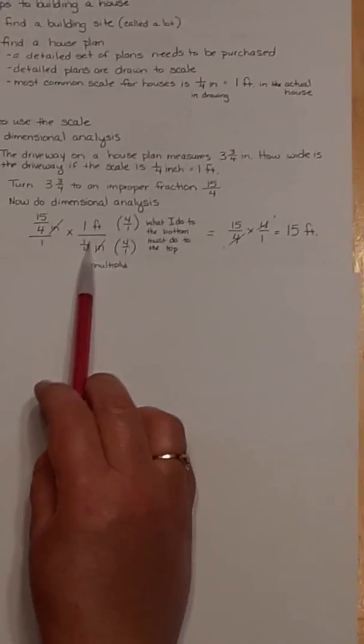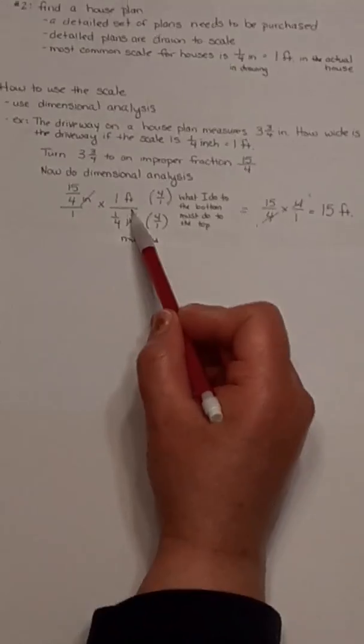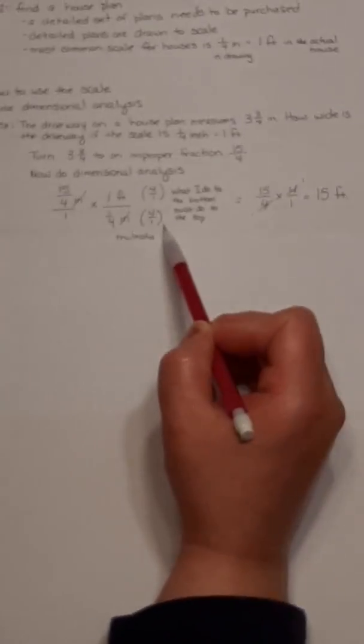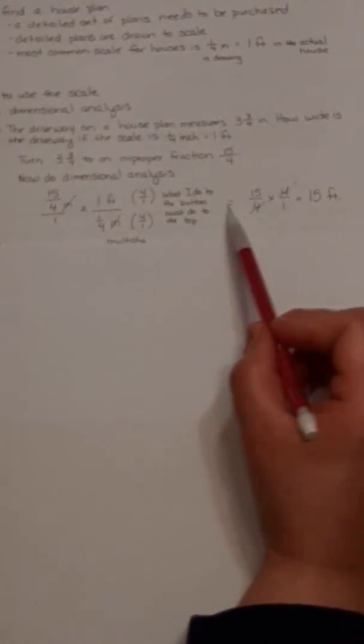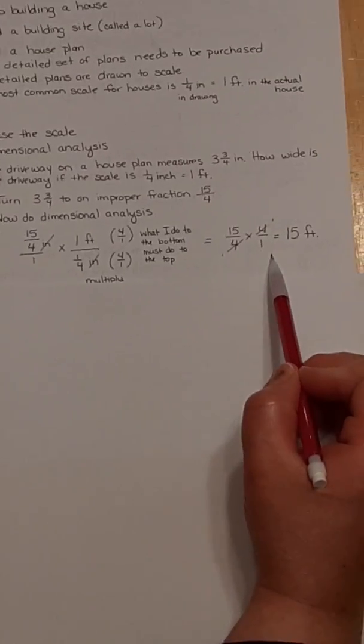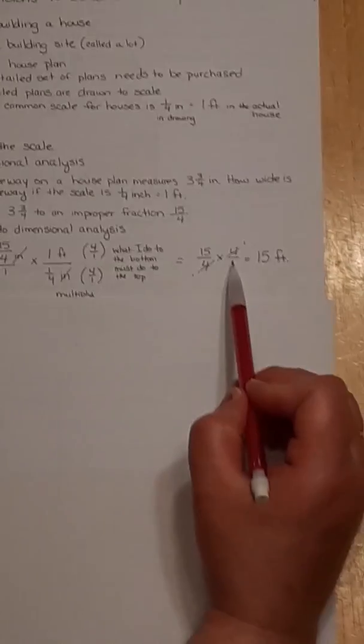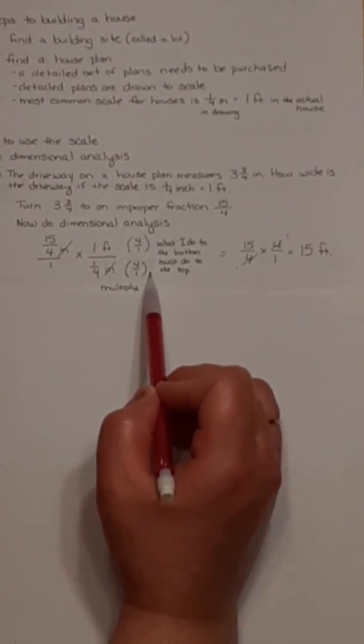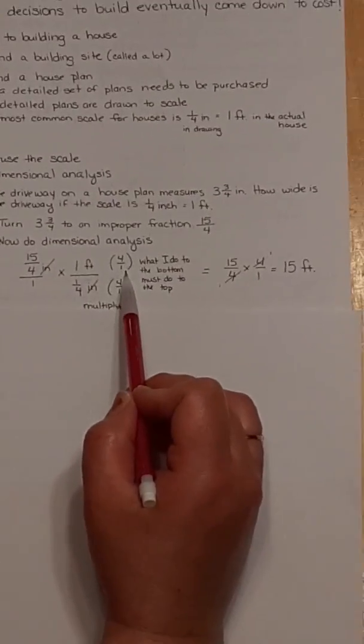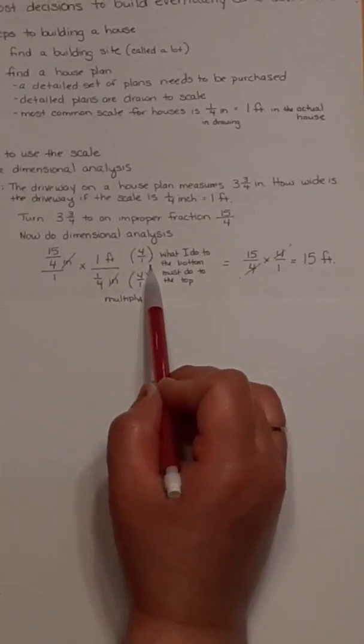When I do that, it cancels out my denominator, and I'm going to be left with 1. So here it is rewritten, so it looks a whole lot nicer. Here is my 15/4 times my 4/1, which is in the numerator. Remember, what I do to the bottom, I have to do to the top. That's how I got the 4/1.